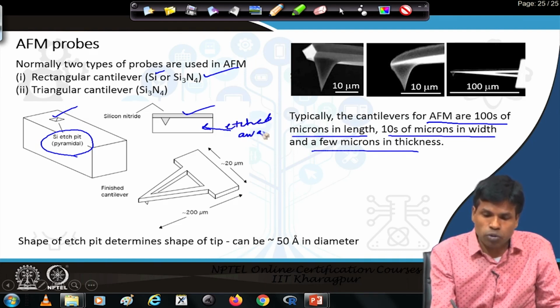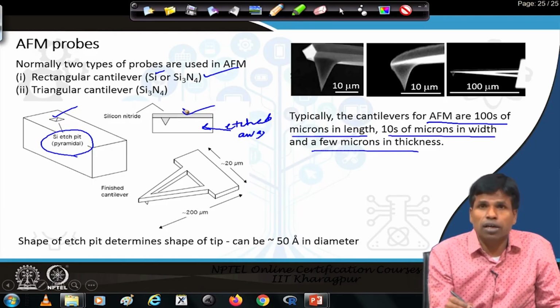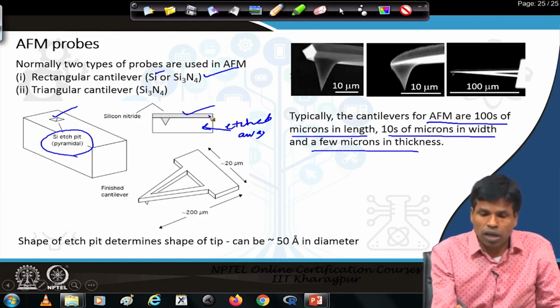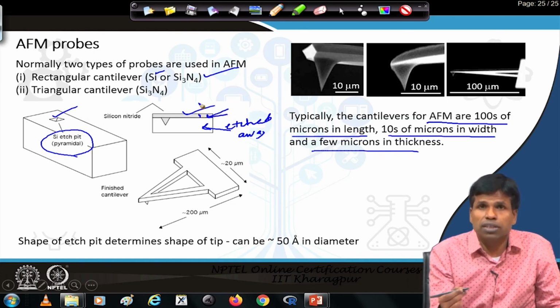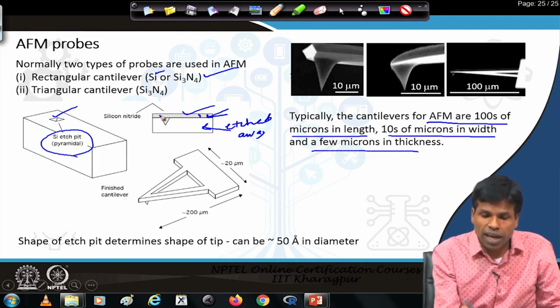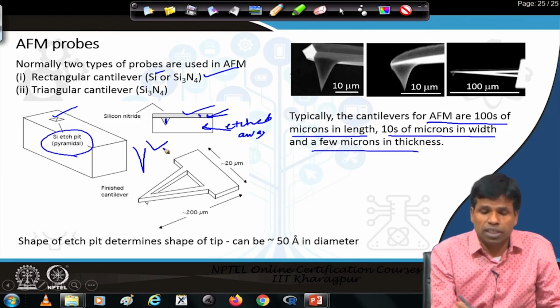Once it is etched away, we end up with a silicon nitride cantilever and probe. By controlling the thickness of the Si3N4, normally a few microns, the length, the tip height, aspect ratio, and the type of tip, either conical or pyramidal or any tip shape, can be produced by this process.